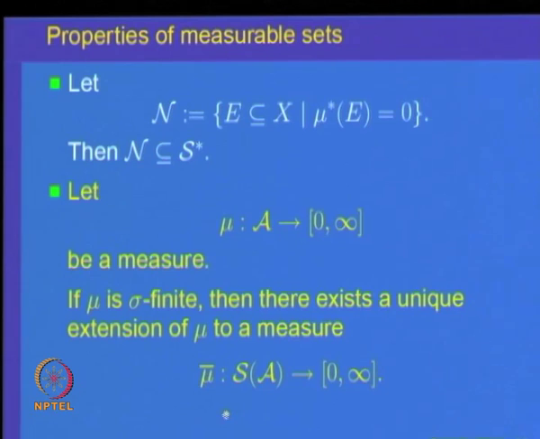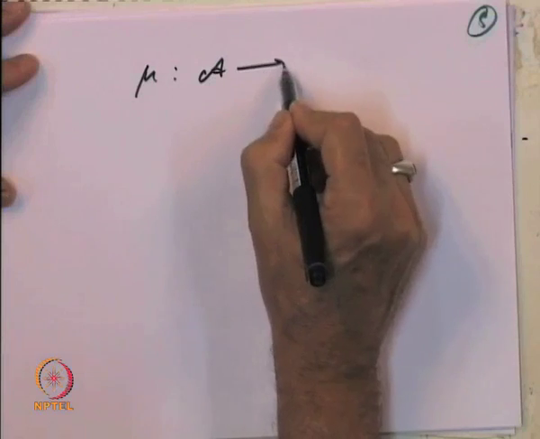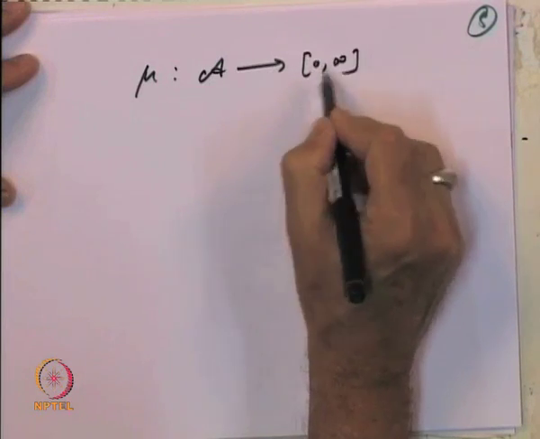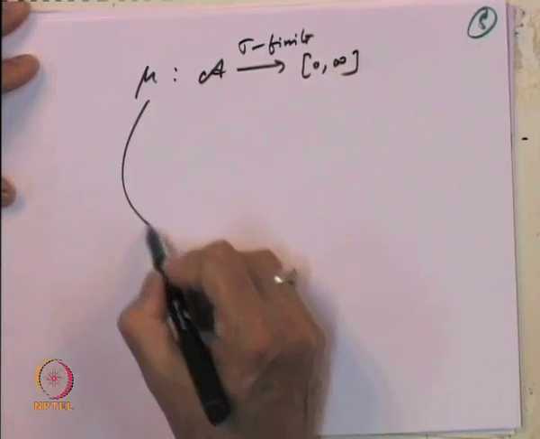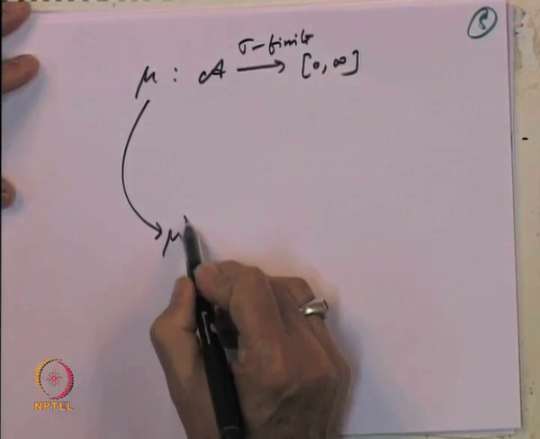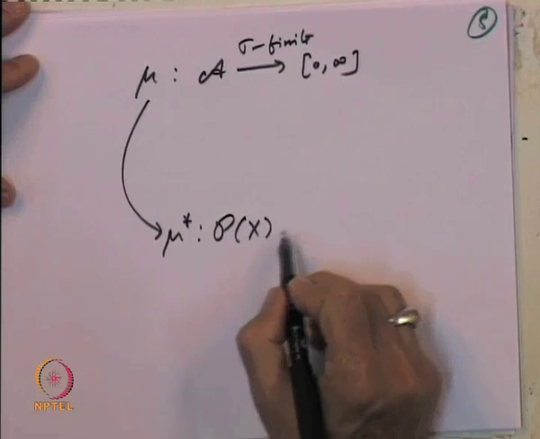And how do we conclude that? The conclusion is as follows. So, mu is on the algebra and it is sigma finite, given. So, we define from it the outer measure mu star, which is defined on all subsets of X.